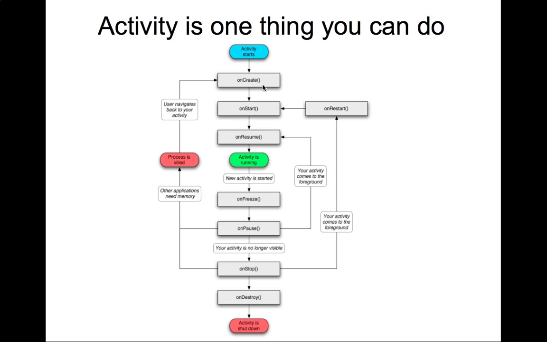So onCreate means when the new instance of this object is created, when my application starts, onCreate is going to be performed automatically. If you leave out an onCreate method, your program is not going to compile correctly. It's going to say, hey, we're missing an onCreate. If you leave out some of the other stuff, it'll work just fine. We don't need an onResume, we don't need an onStart or onFreeze or onPause.